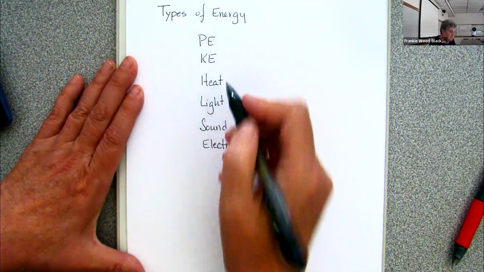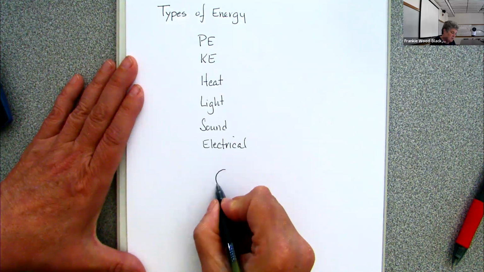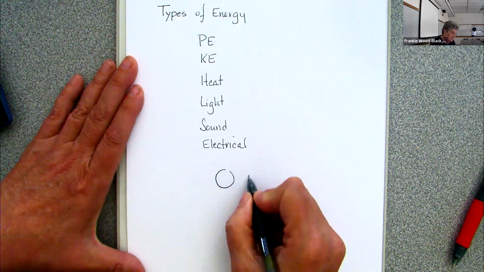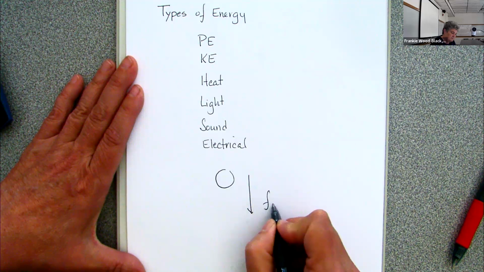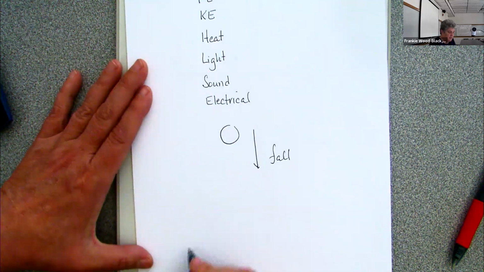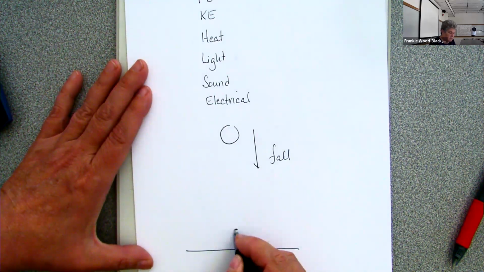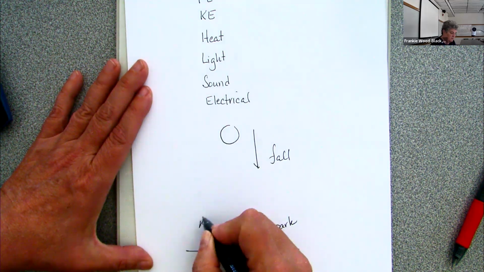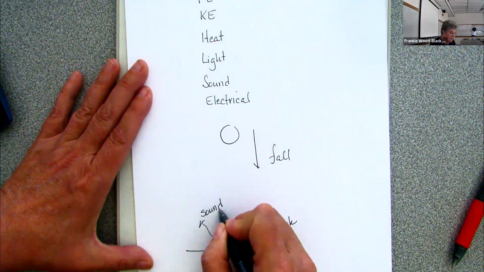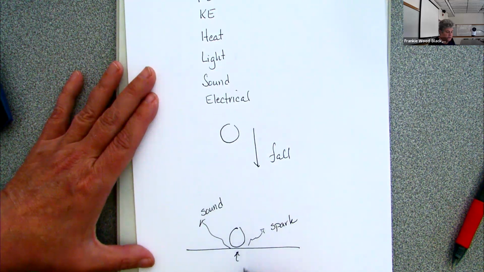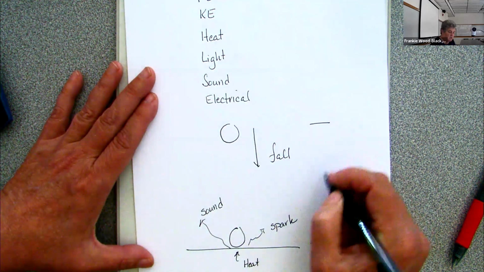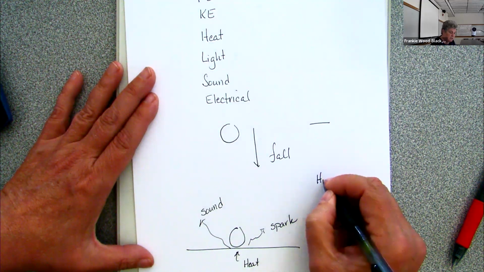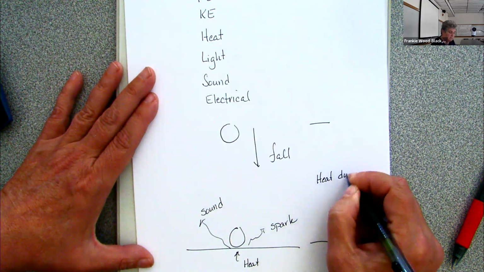Now, the thing about this is if I take an object and I let it fall, when it hits the ground, you might see a spark. You certainly hear sound. And we probably generate a little bit of heat. Depending on how far this falls, we probably generate heat due to friction.